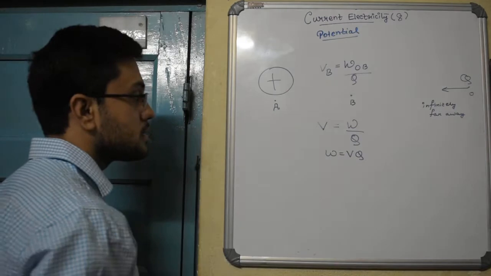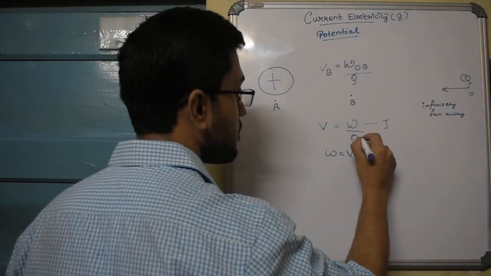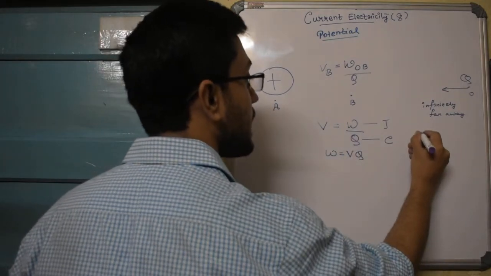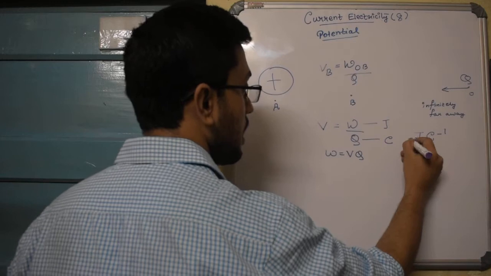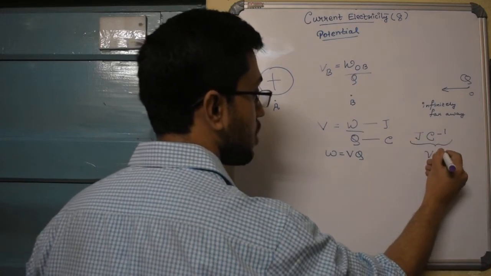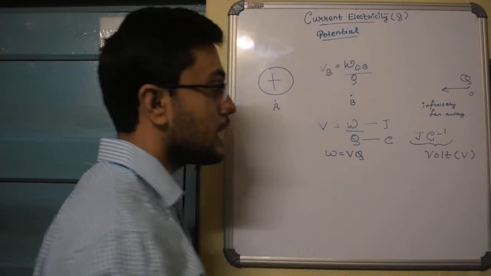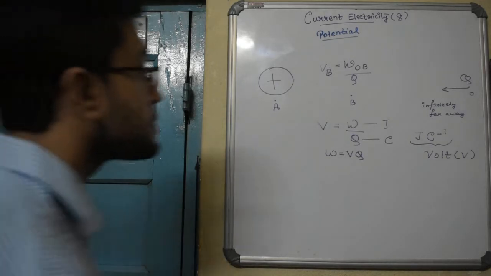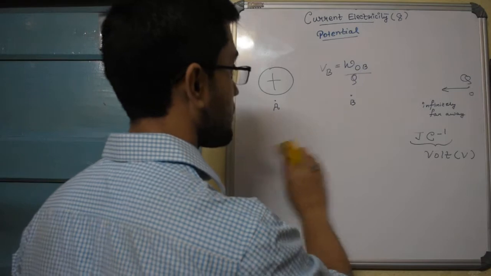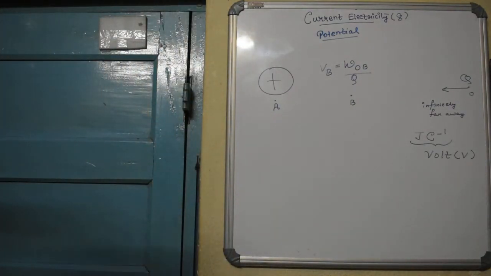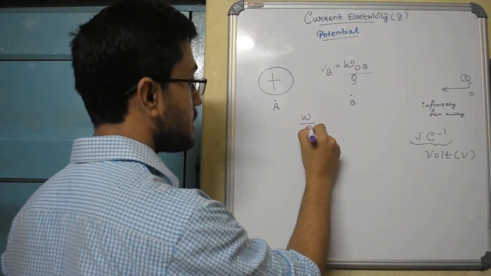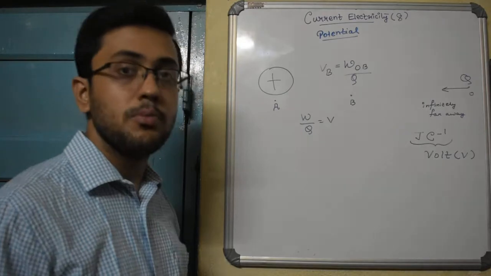And you know that the unit of work is joule and the unit of charge is coulomb. Therefore the unit of potential can be written as joule per coulomb. However, this entire thing is called volt, symbolized by capital V. Now, when do we say that the potential is 1 volt?